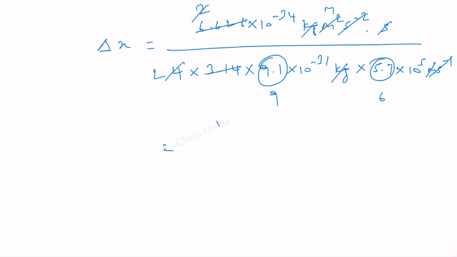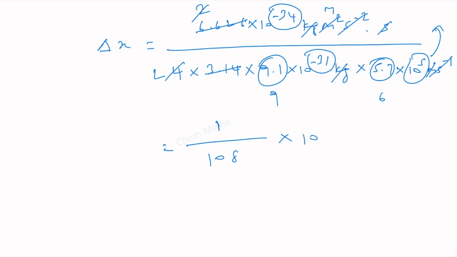Therefore, 1 divided by 108 times, we have 10 to the power minus 34 here, 10 to the power minus 31 in the denominator. So, when this goes up, this will become positive. So, that will be 10 to the power minus 3 we will have. But we have 10 to the power 5 here. This will become negative when this goes up. So, 10 to the power minus 3, 10 to the power minus 5.